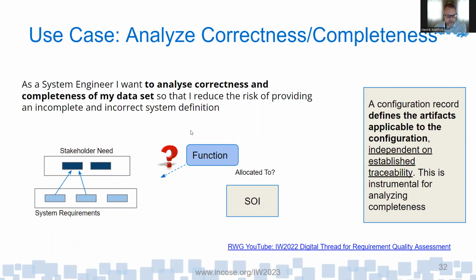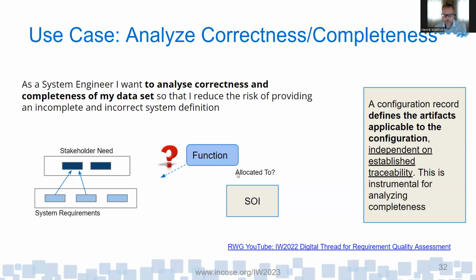So one challenge here: if you do not have a configuration record that clearly defines all the artifacts included in your configuration, and you rely on trace links, then you get into a bit of a problem. You can have a function, but it's an orphan function. It doesn't link to anything.